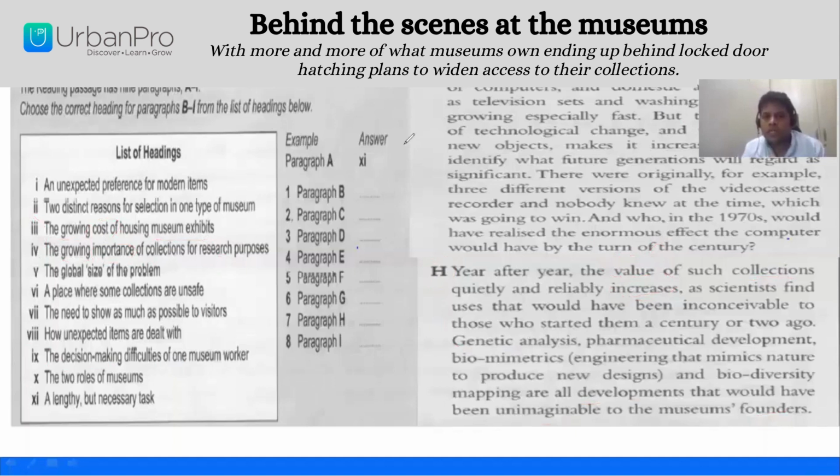So 3 important tips that you can apply for heading matching. Number 1, 3 steps: read the first sentence, the last sentence, then the second sentence, or read the whole paragraph. Done. Number 2, x equals to y. So the keyword in a heading should match with the keyword in a paragraph.